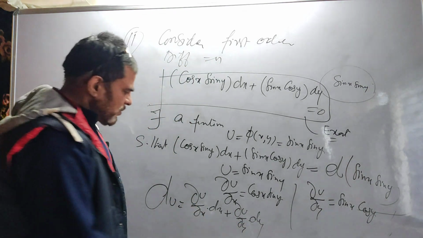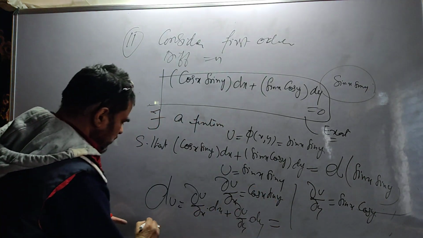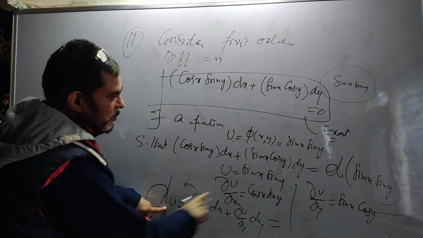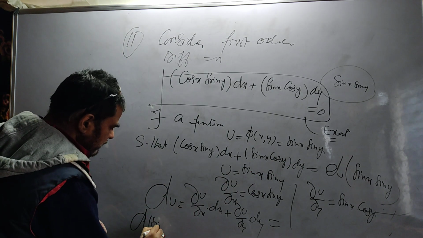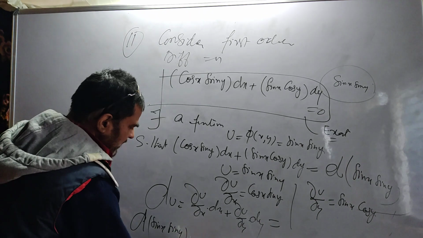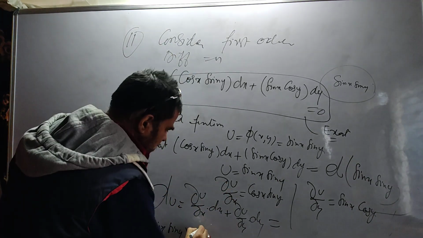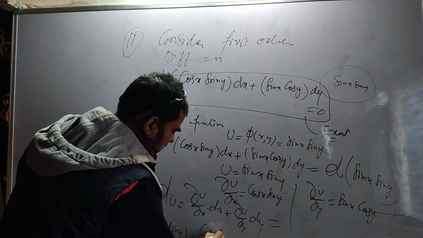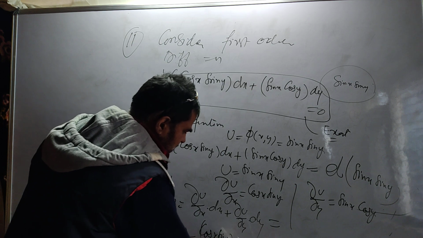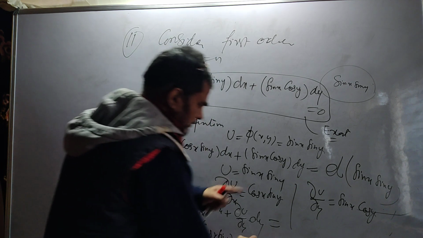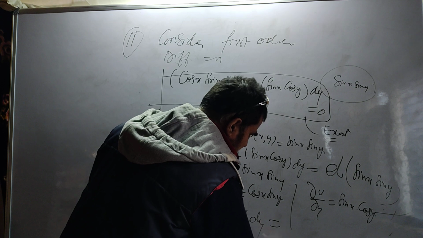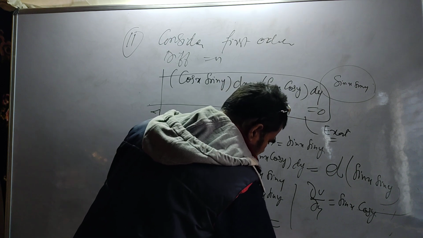Do you follow? So when you use it here, you will get d of u, which is sin x sin y, is cos x sin y dx + sin x cos y dy.